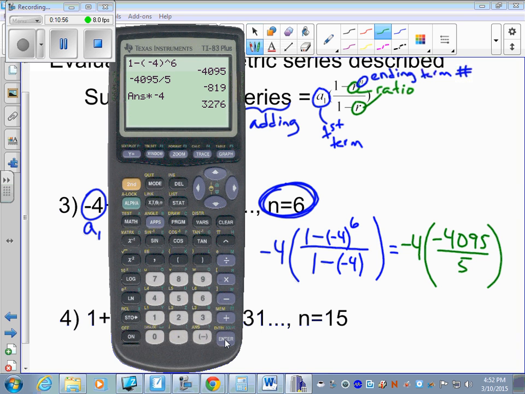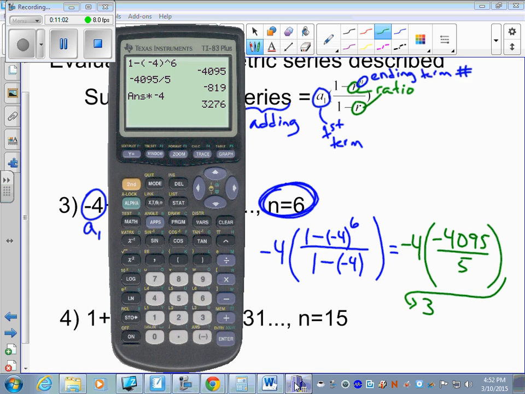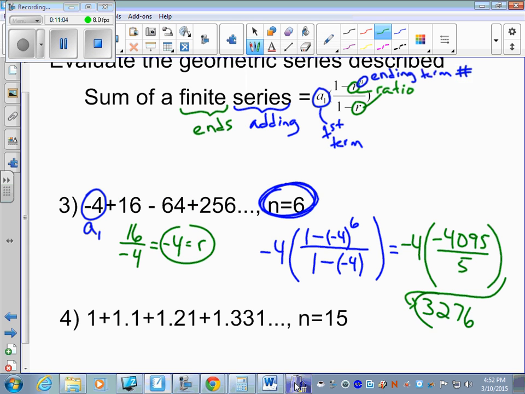So if I kept going and added up all the numbers, you get 3,276. Each time you're multiplying by -4, so it gets big pretty rapidly.